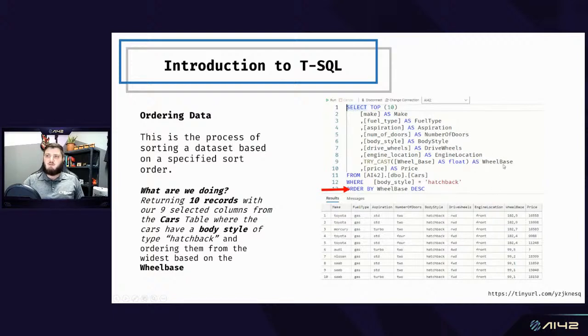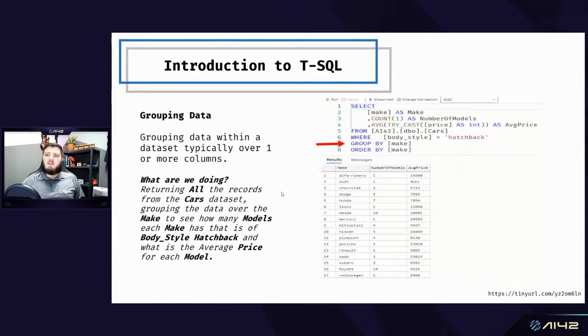So I've asked it to give me the top 10 hatchbacks with the largest wheelbase in that ordering. You can see the largest wheelbase is a Toyota hatchback, which is of type rear wheel drive. So now we're starting to put our data set together and getting the data in the order and format that we wanted.